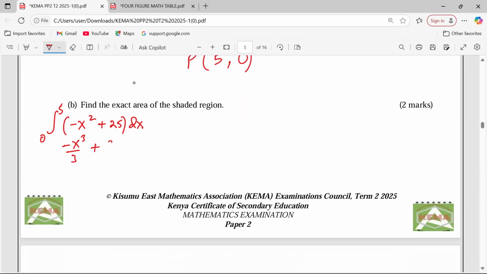Plus 25, we introduce x there, and we divide by the power of x, which is just 1, so it remains the way it is. We can have the arbitrary constant. And now we are integrating from 0 all the way to 5. So can we substitute 5 first?